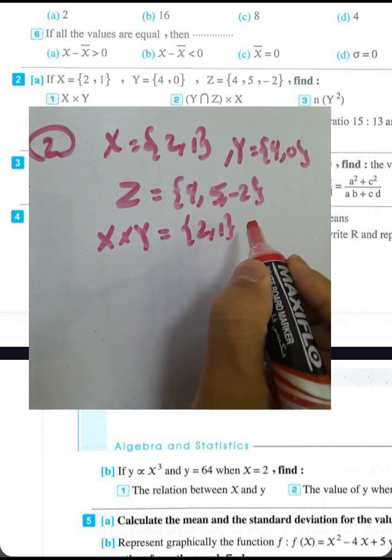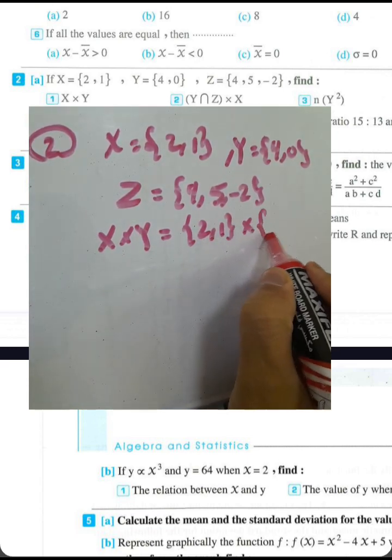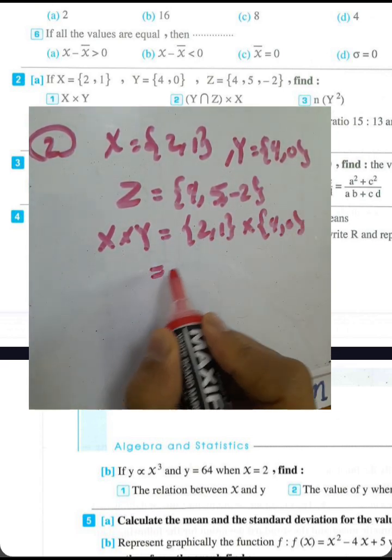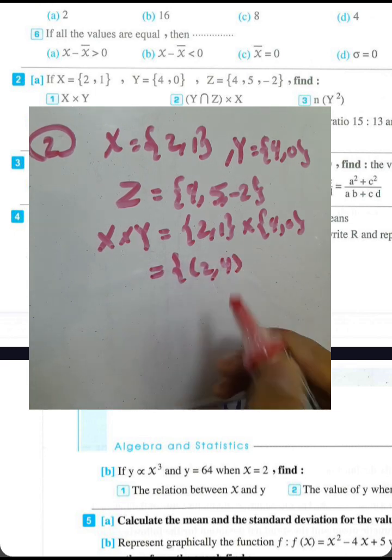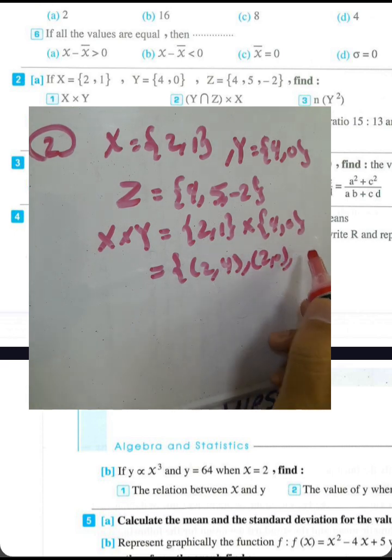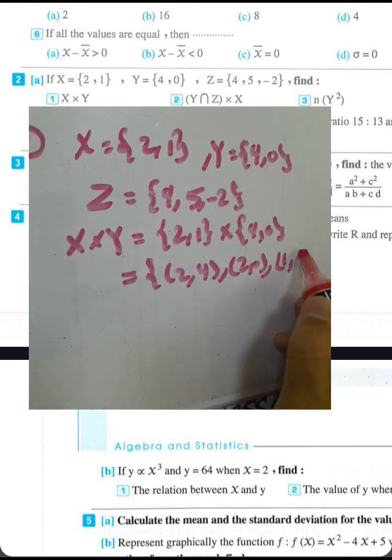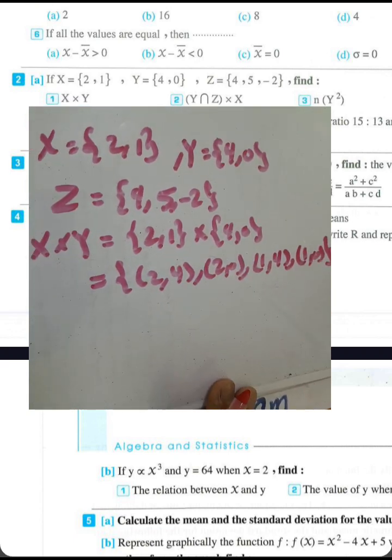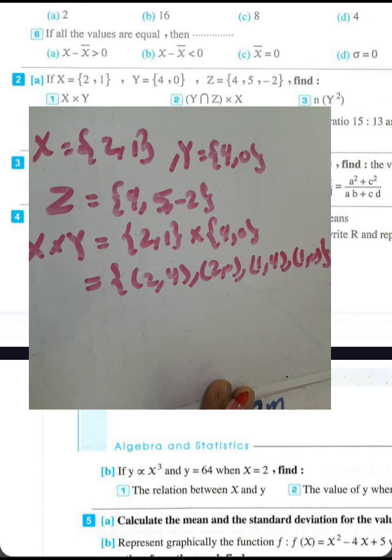Write 2 and 1, Cartesian product with y, 4 and 0, then the first order will be 2 and 4, and then 2 and 0, and then 1 with 4, and 1 with 0. Okay, it's the Cartesian product between x and y.